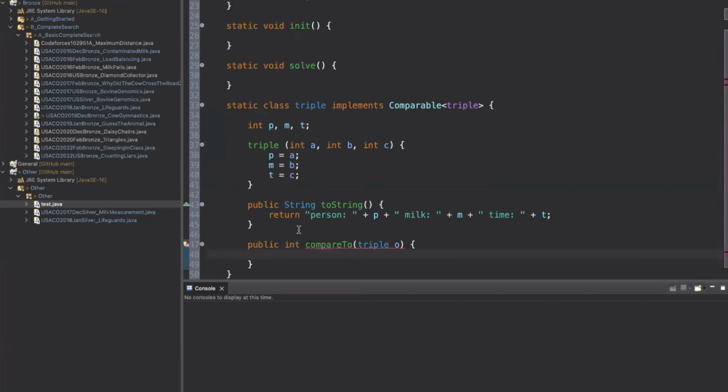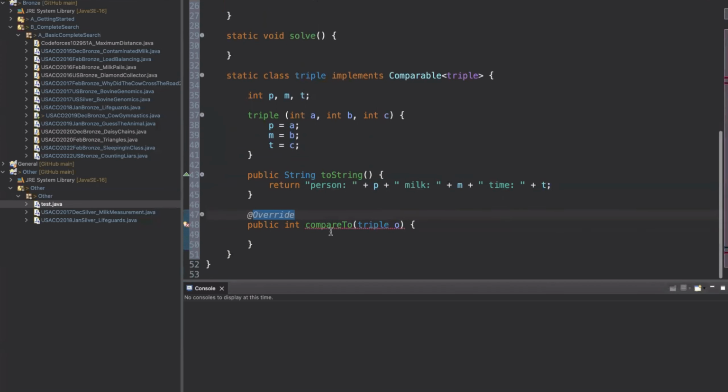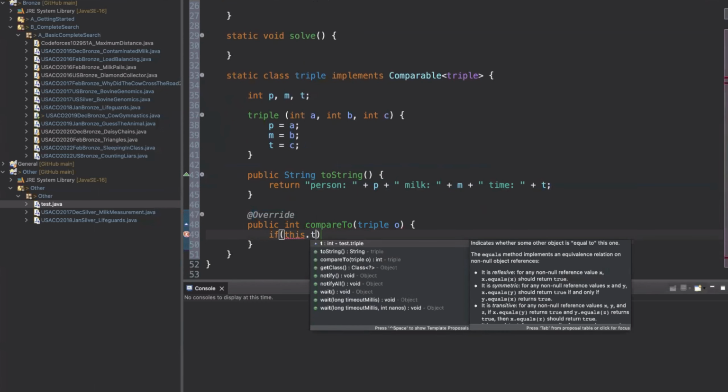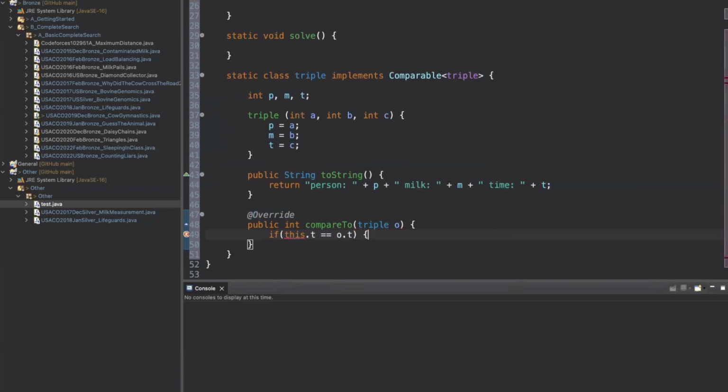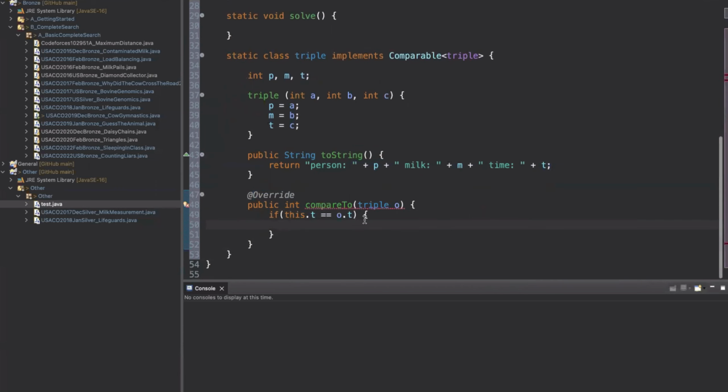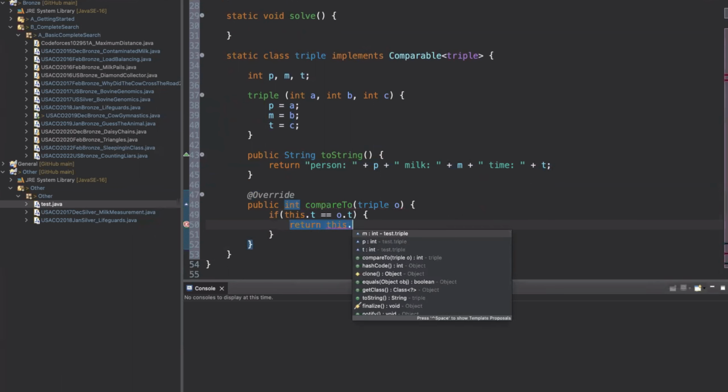And this is going to let us compare the events according to time and sort them in order. And whenever the times are equal, you can compare the types of milk in order to sort them out.